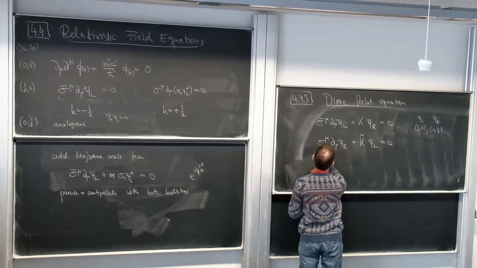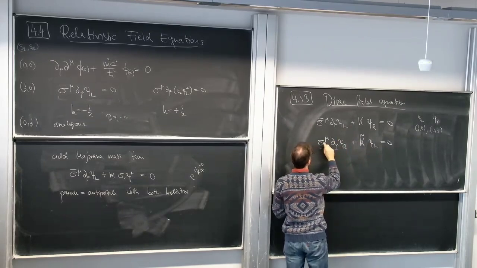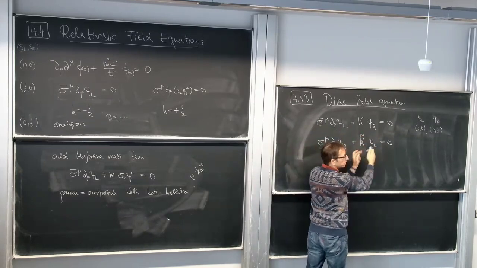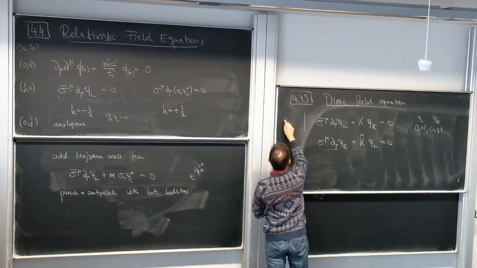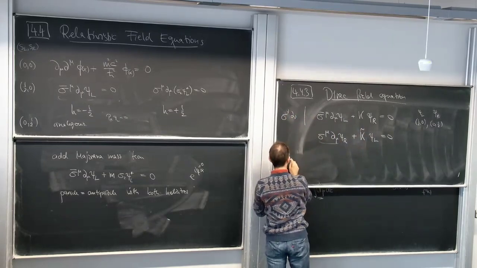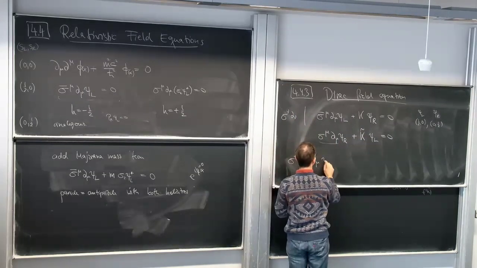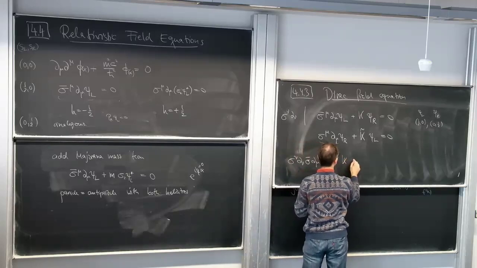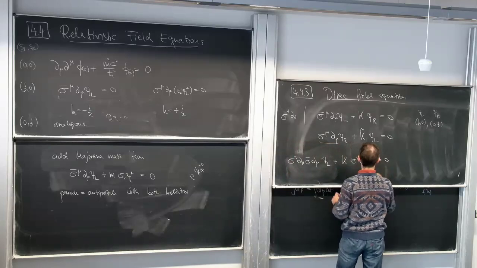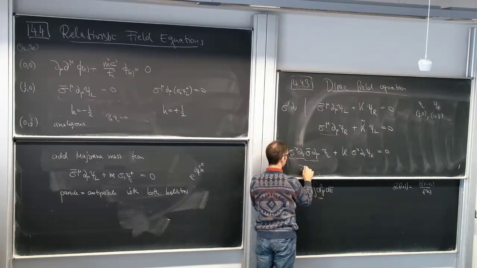Now, let's apply this operator, matrix, differential operator, to the first equation, then this will hit the R and I can use this sign. So here, multiply by sigma nu d nu, and then we get sigma nu d nu sigma bar mu d mu psi L plus k sigma nu d nu psi R equals 0. This we did before, it is just the box. It's d nu d nu.